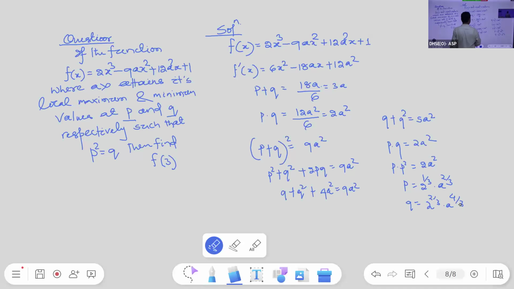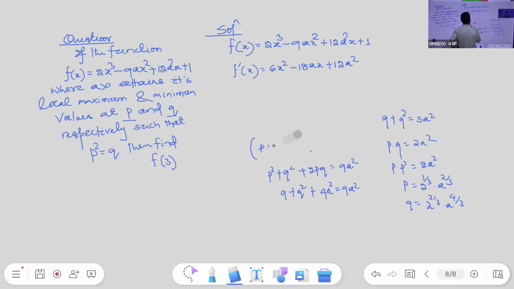Just a minute. One mistake here. This much calculation is not required.